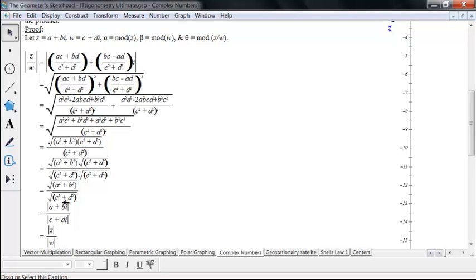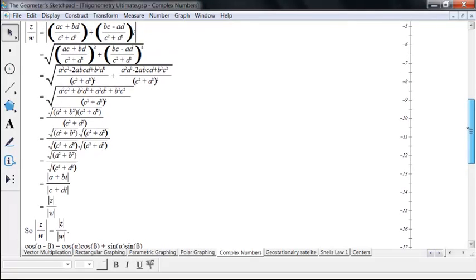But the square root of a squared plus b squared is just the absolute value of a plus bi, and the square root of c squared plus d squared is the absolute value of c plus di. Well, that's the absolute value of z over the absolute value of w. So we show that the size of the complex number, the magnitude, the norm or absolute value, whichever word we use, of z over w is the absolute value of z over the absolute value of w.